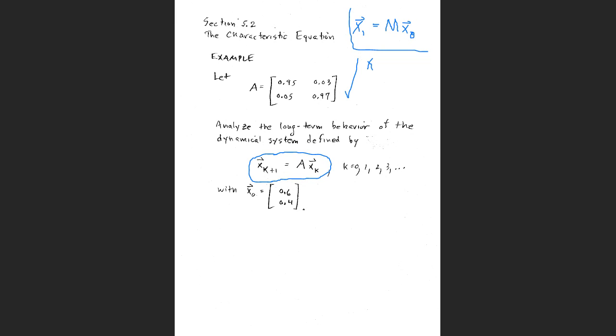Similarly, if you want to find the population distribution of city and suburbs after 2 years, you can just multiply the migration matrix times x sub 1.